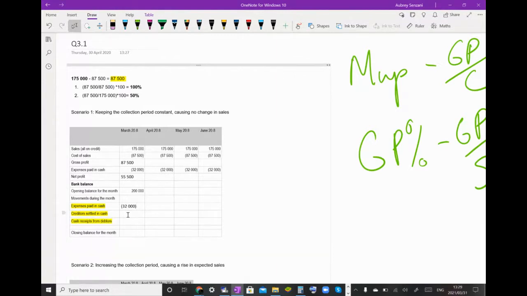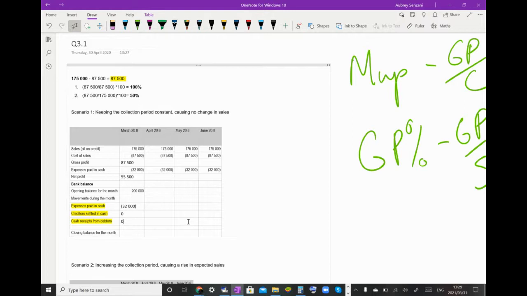So there you can put 0. You can put 0 over here. And then over here, we can also put 0, because we didn't receive any cash from debtors.